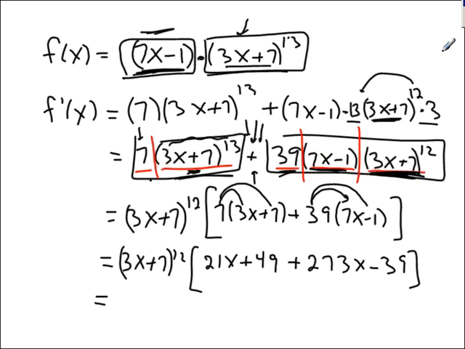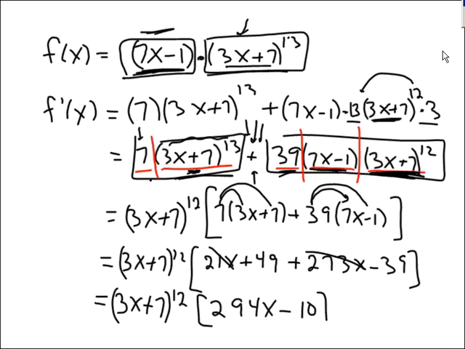And then we combine like terms inside the brackets, and we look to see if we can factor out yet some more. 21x plus 273x is 294x. 49 minus 39 is 10. Well, they're definitely both even, and 4 does not go into both.